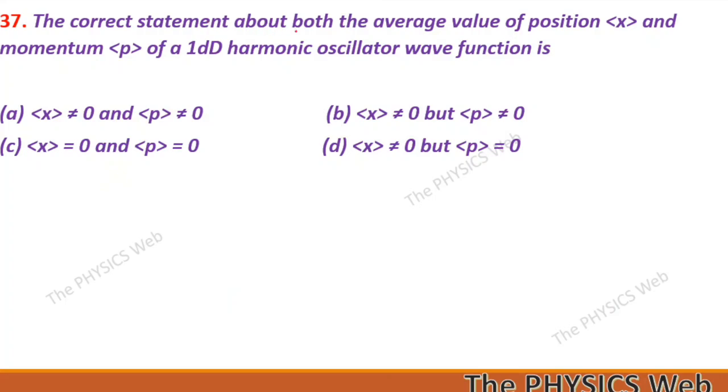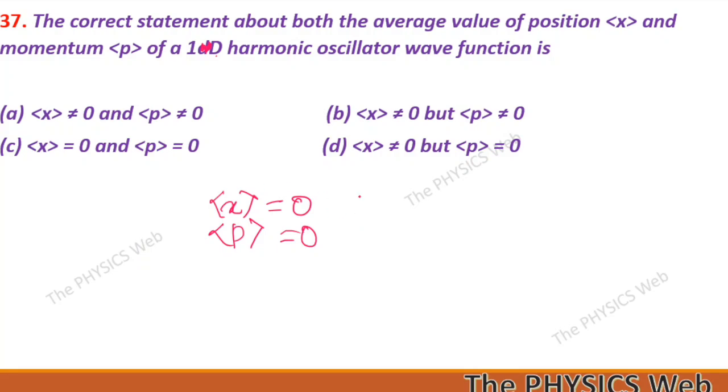The correct statement about both the average value of position and momentum of a 1D harmonic oscillator wave function is. Okay, so for a 1D harmonic oscillator, the average value of position is 0 and the average value of momentum is 0.